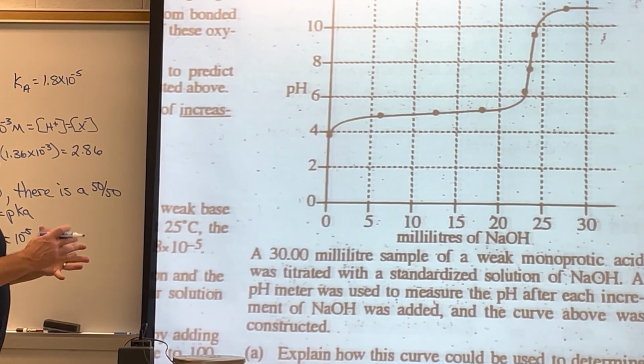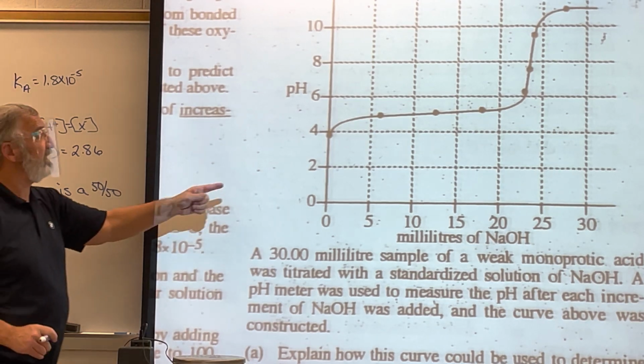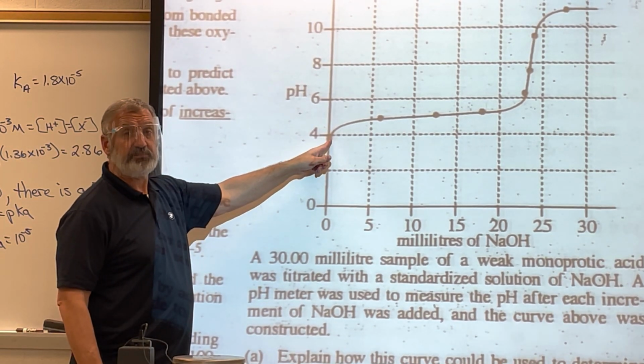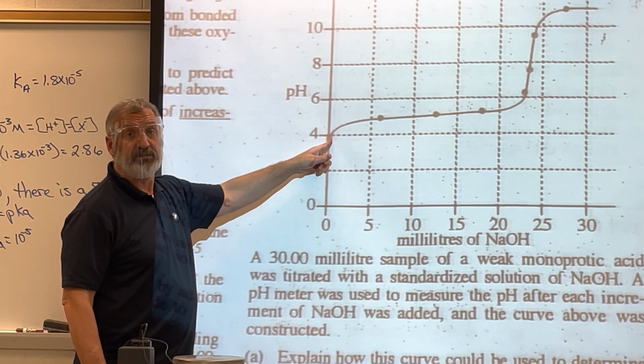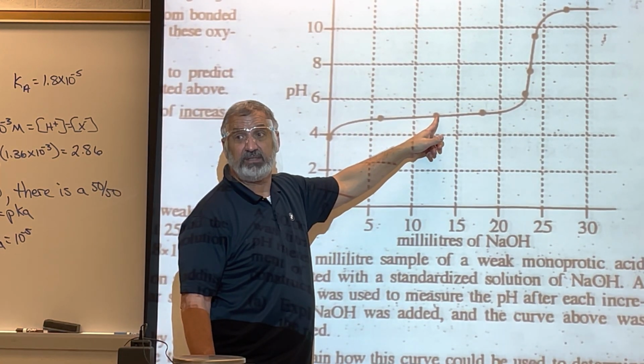So this is going to be the shape of a curve of any weak acid, strong base. We can find the pH here, just doing Ka. We can find here, because pH equals pKa.